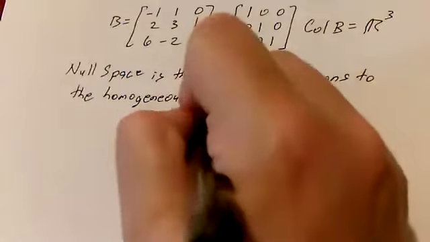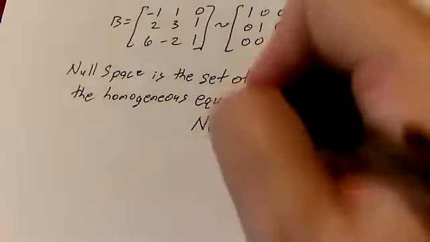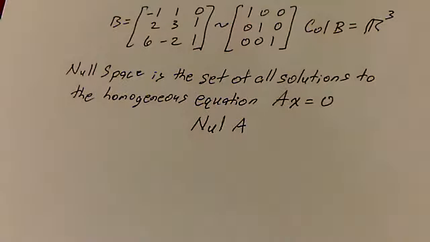And we represent that with NUL, null of A. I know it seems silly that they leave off just the second L as an abbreviation, but that is the standard abbreviation. It's just NUL for null space, like COL for column space. So the null space of A, or null A.